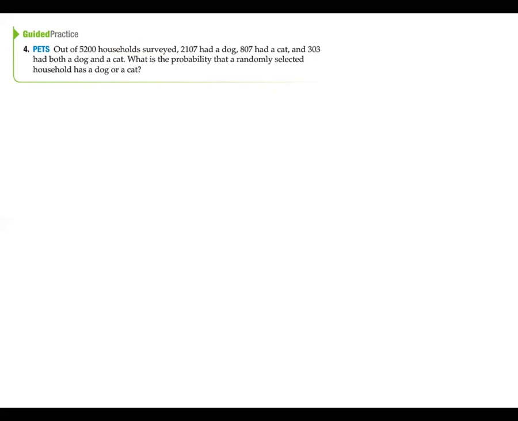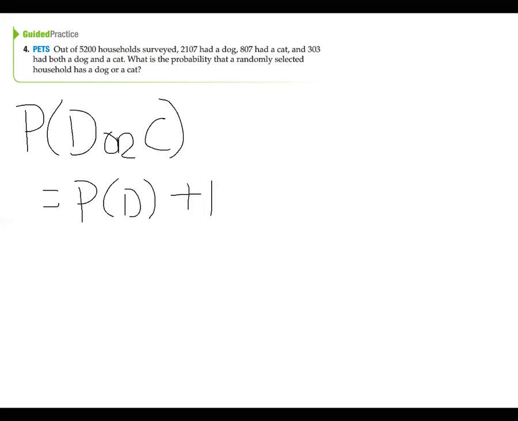Okay, we're back. So the probability of a dog or a cat is equal to the probability of a dog plus the probability of a cat. These are not mutually exclusive, because some houses had a dog and a cat. So if you're trying to find the probability of a dog, you might have picked a house that has a dog and a cat.